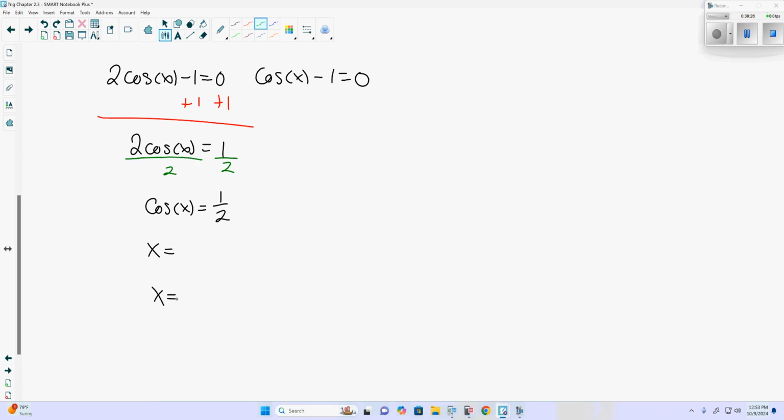Again, this time we're looking at the x values. Which is pi over 3, or not 7 pi over 3. Five pi over 3, correct?